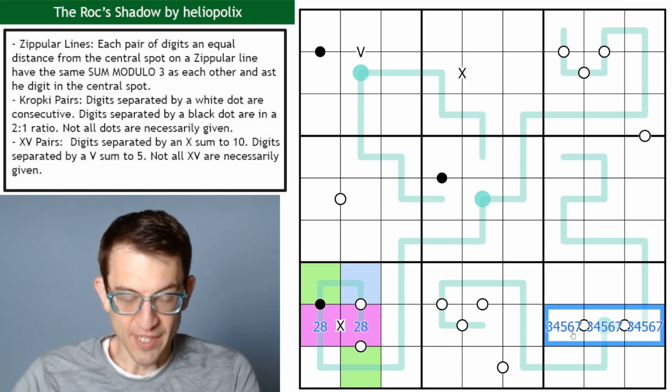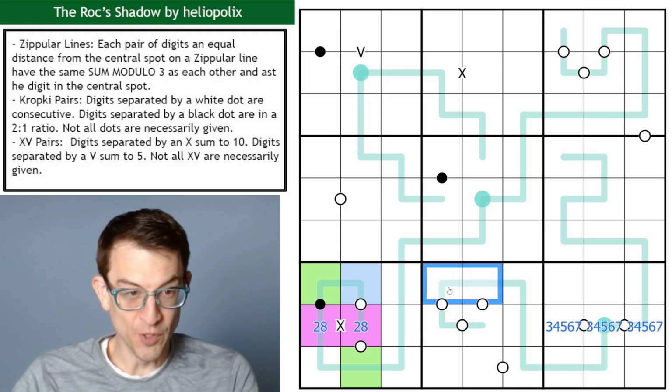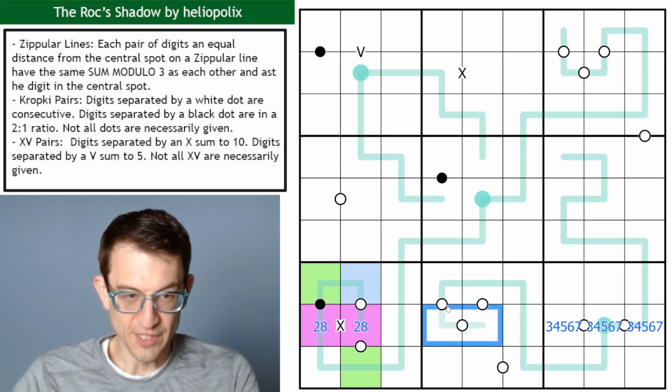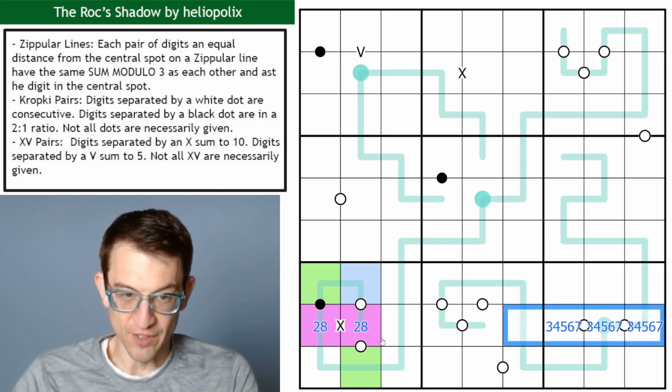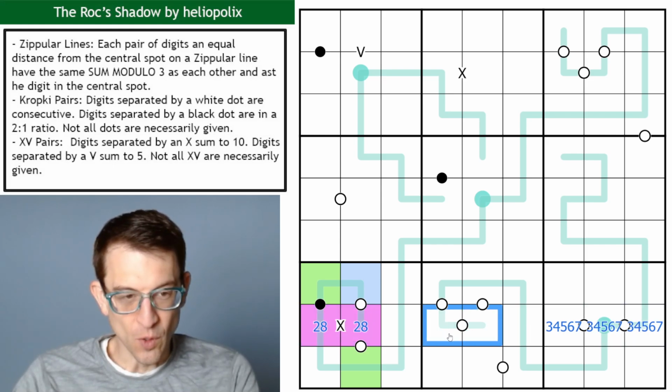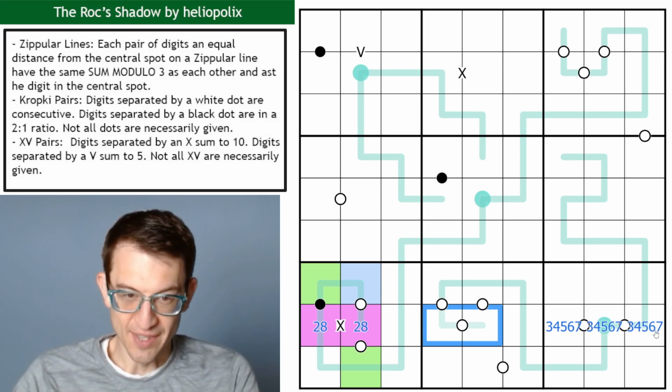So the 5 is in here, which means neither of these are in the 258 modular group, which means this one is, because I again have this 3. Oh, these both are actually, because I have these sets of 3s. One of these is in the 147 group, one of these is in the 369 group because 258 are all taken.